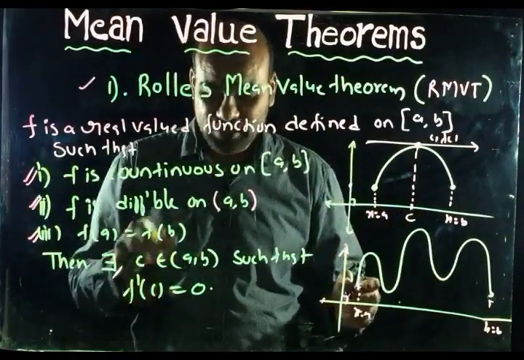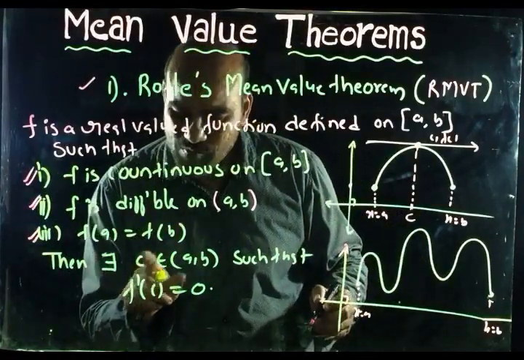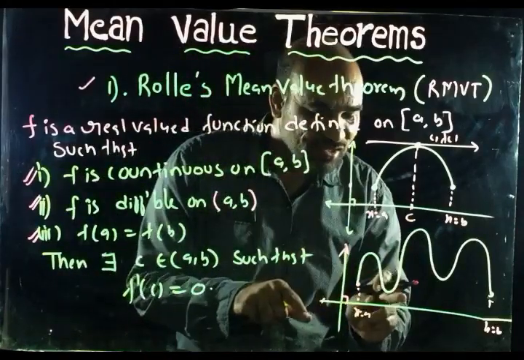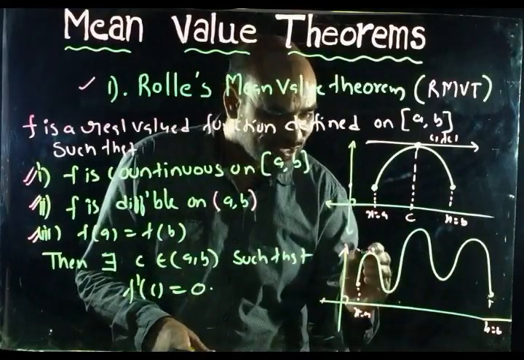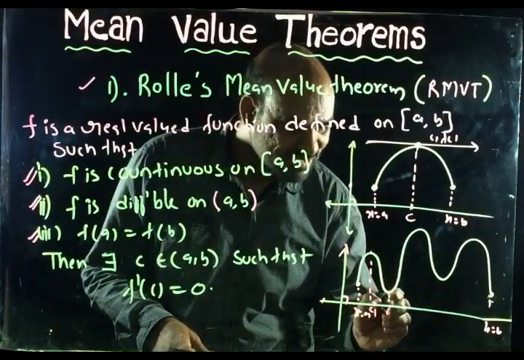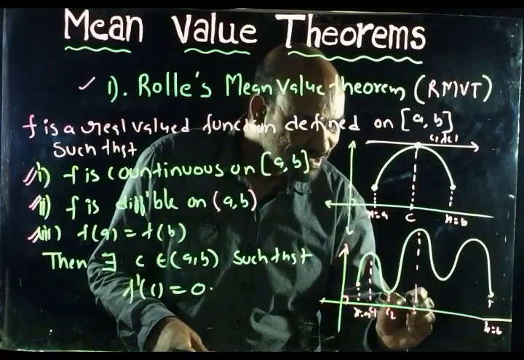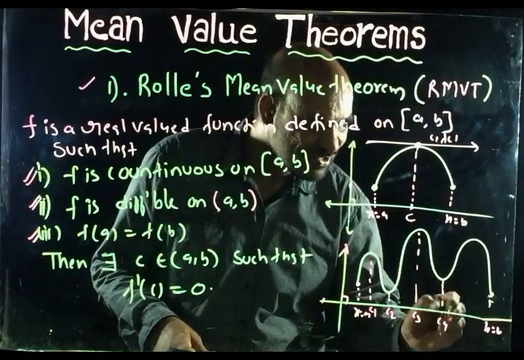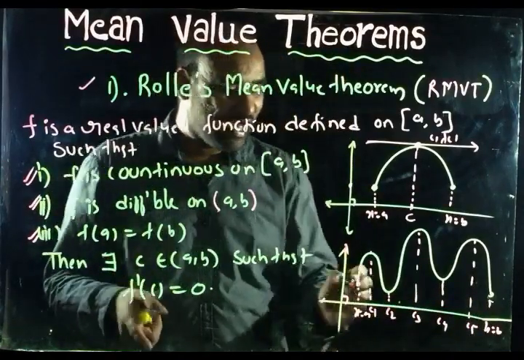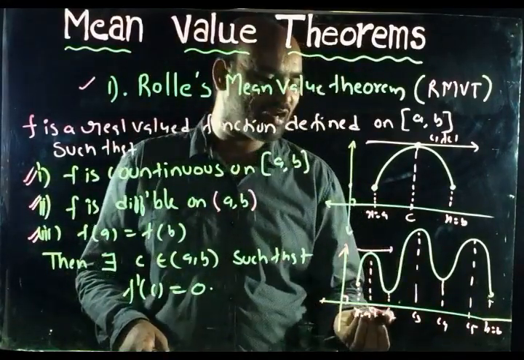According to Rolle's theorem, there exists at least one c belonging to (a, b) such that f'(c) equal to 0. But in this situation, there exist several c's. Observe here, say this is c1, c2, c3, c4, c5. There exist 5 c's. At c1, I can draw a tangent which is parallel to the x-axis.